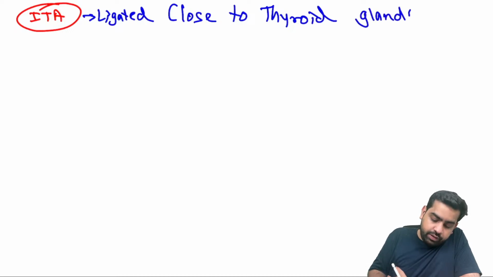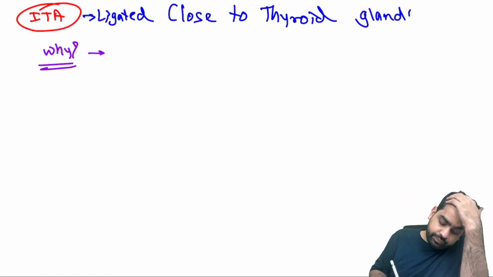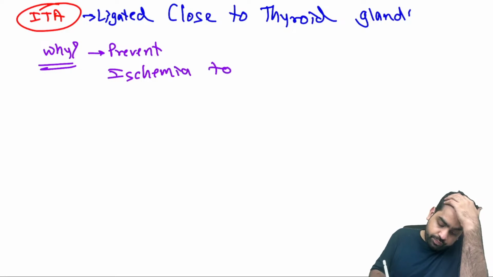And what is the reason for that? Why is it ligated close to the thyroid gland? To prevent ischemia to the parathyroids.